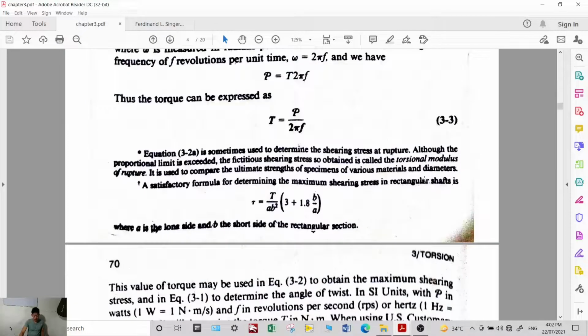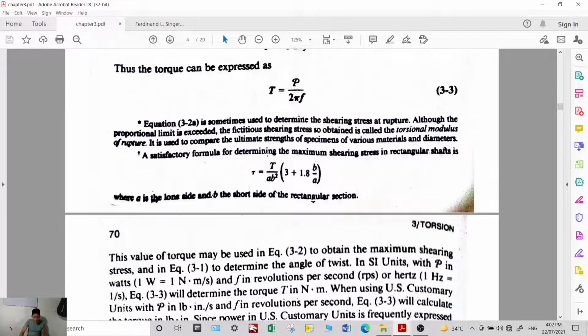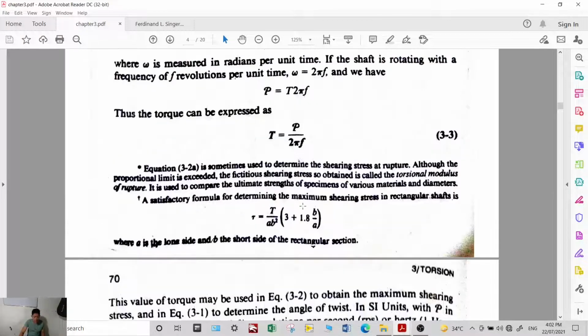But if you have a rectangular shaft, the equation is just given, since the derivation is difficult. You have torsional stress is T over AB squared times 3 plus 1.8 B over A, where A is the long side and B is the short side of the rectangular section.